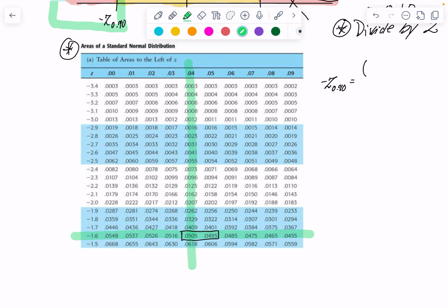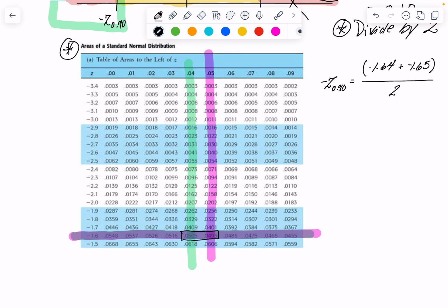That intersection is going to be negative 1.64. Similarly, for the other value of 0.0495, we highlight the row and the column, and here we find that the value is negative 1.65.